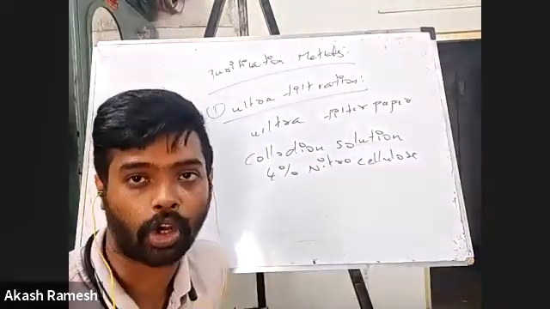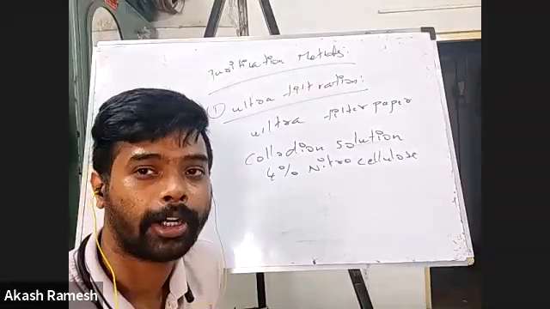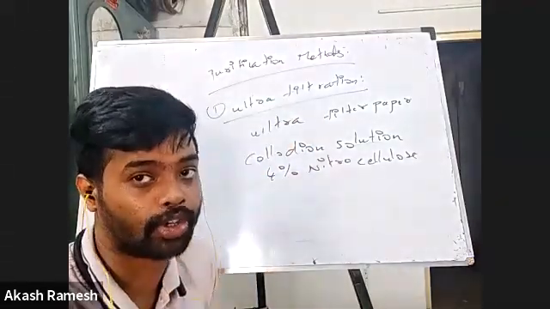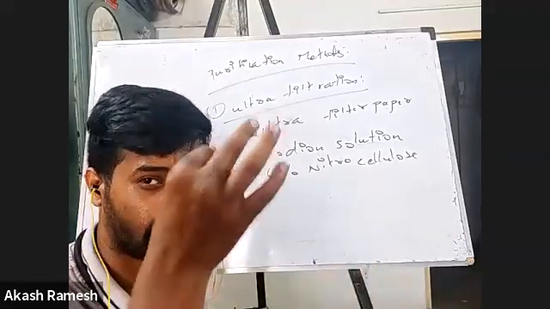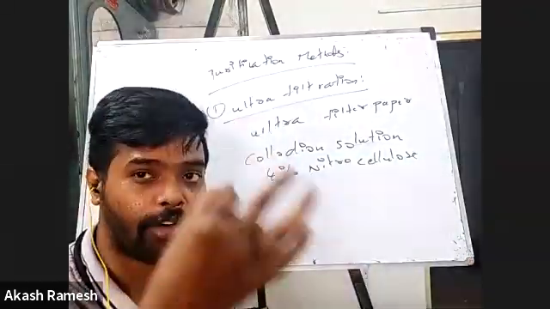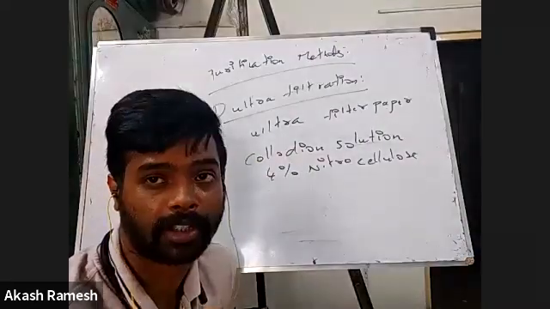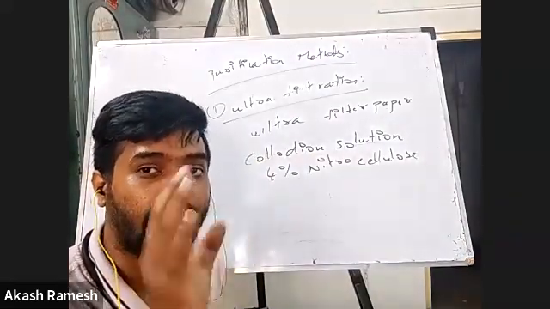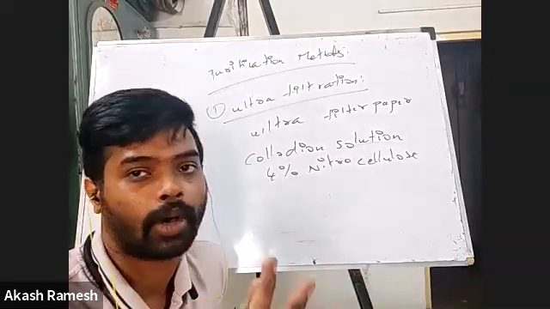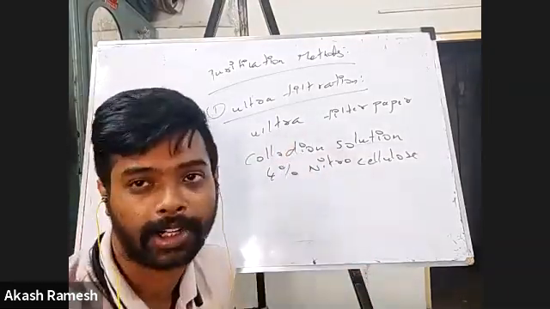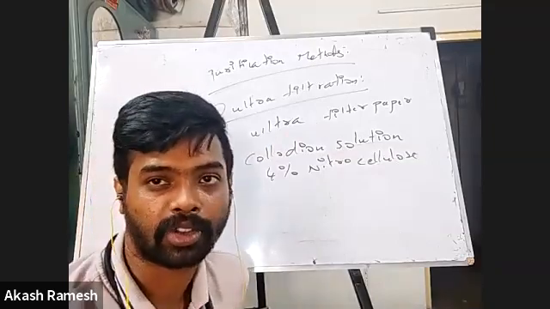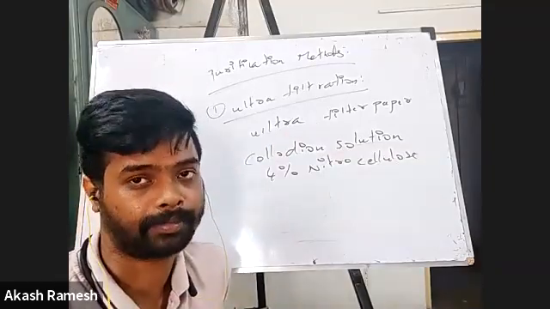You take the normal filter paper and dip it into the collodion solution, that is, the 4% nitrocellulose. Then you dry it for a while, and you get the ultra filter paper, and the filtration you do with it is called ultrafiltration.